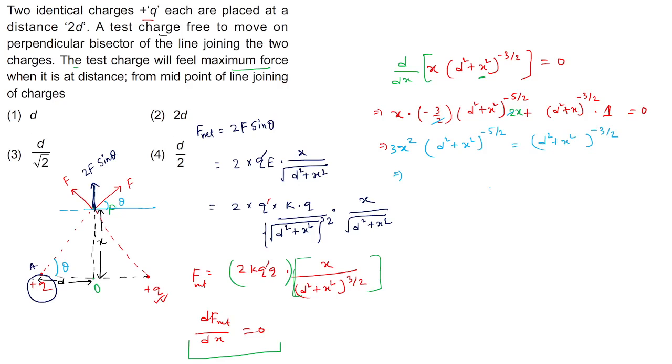Some cancellations will be there, and finally we will have 3x square into d square plus x square whole to the power minus 1 equals 1. So 3x square equals d square plus x square, and we will have 2x square equals d square, and then x equals d by root 2.